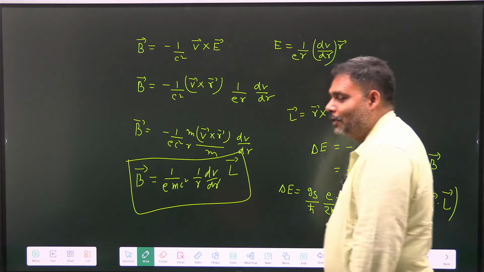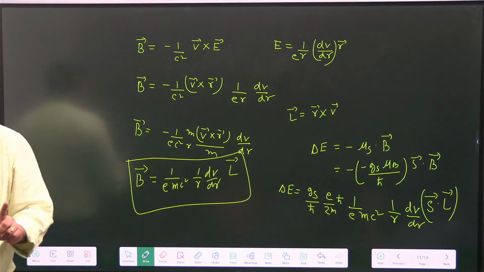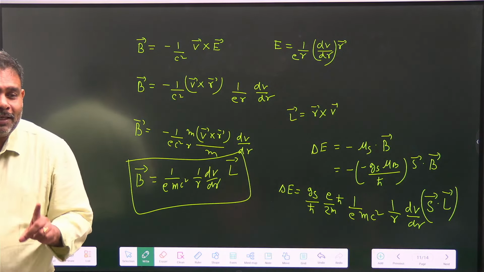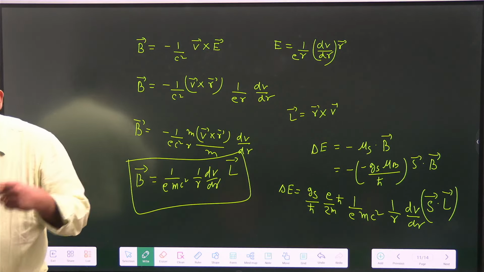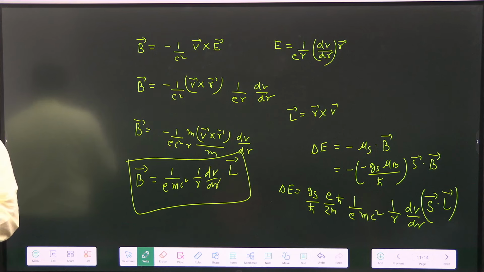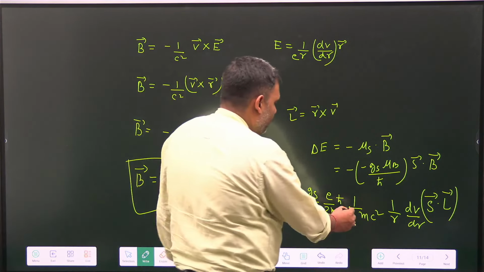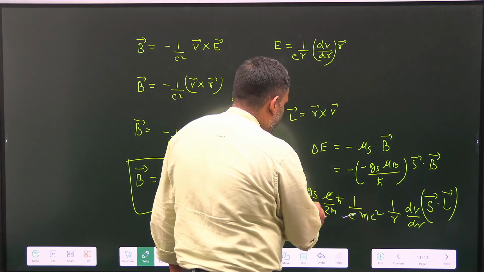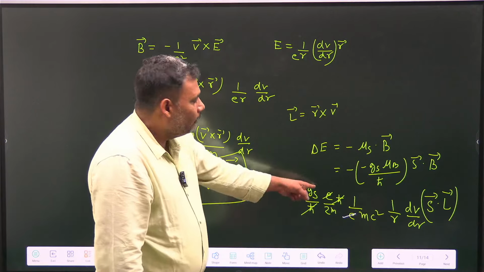And here you have coupling between the spin angular momentum of the electron and the magnetic field generated due to the proton. But here we have to make a small correction, let us talk about that. That correction is very famously known as, and what is the value of g_s? 2.